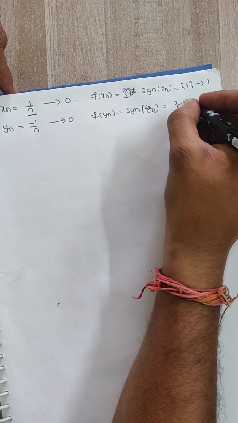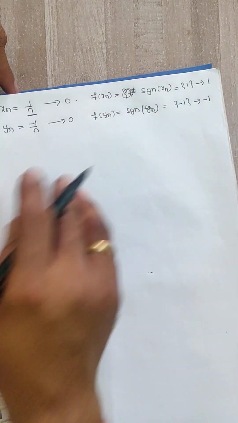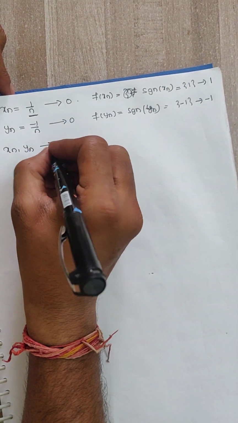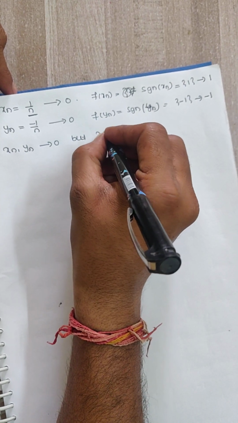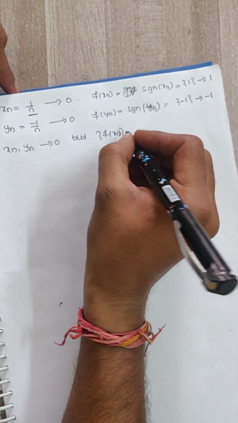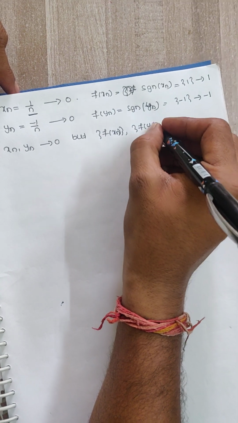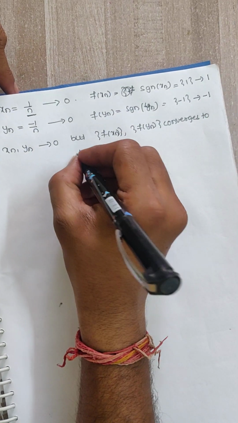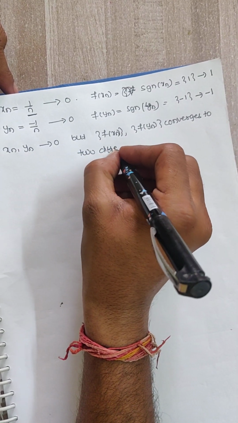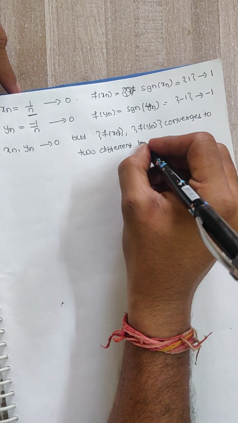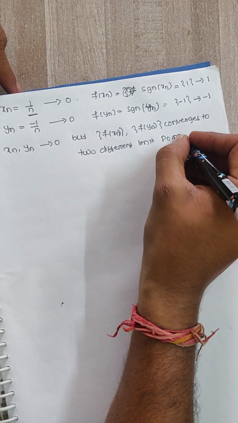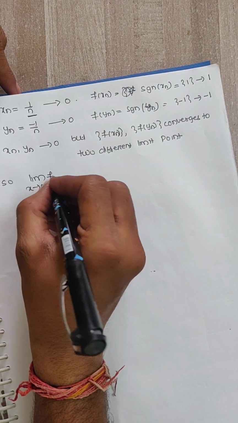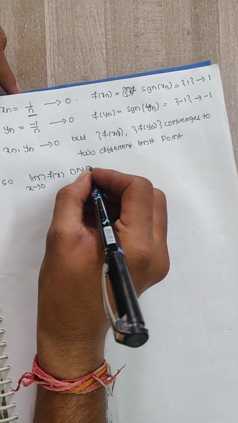That's why it is the constant sequence minus 1, converges to minus 1. So we have x_n and y_n converging to 0, but f of x_n and f of y_n converge to two different limit points. So simply I can say limit x tends to 0, f(x) does not exist.